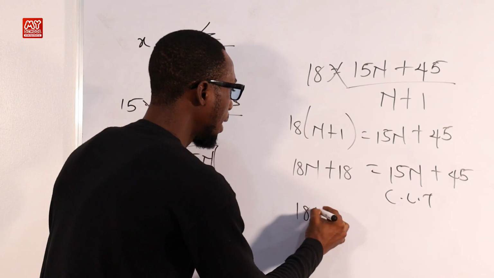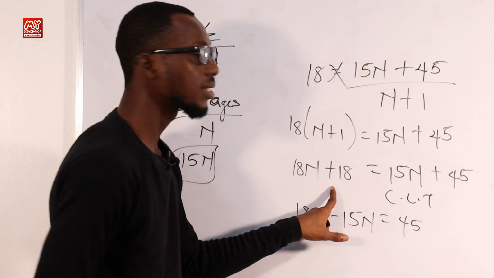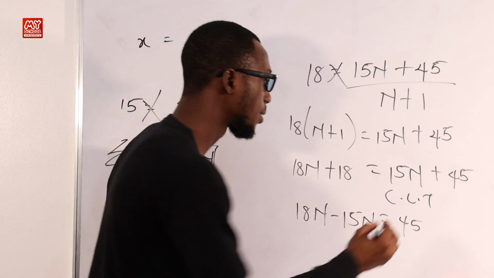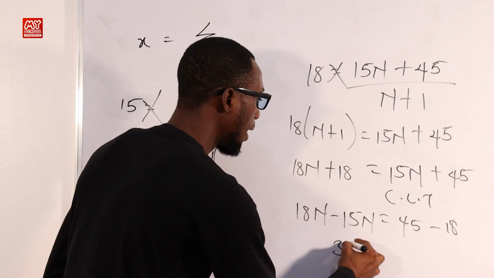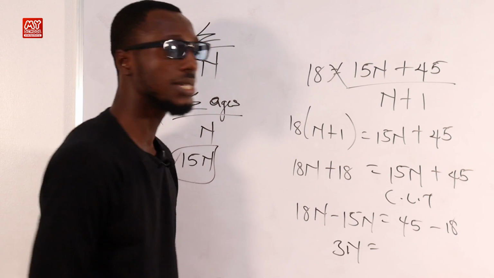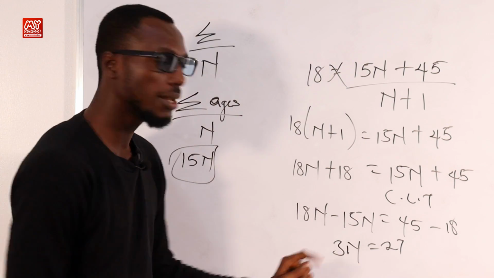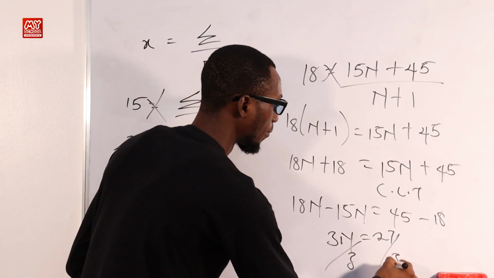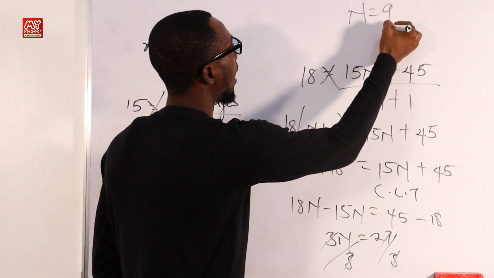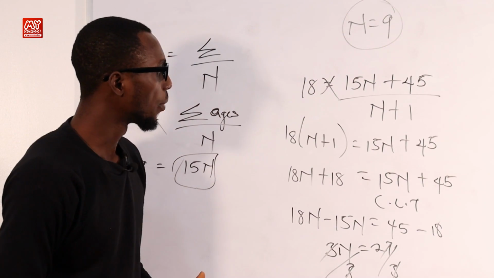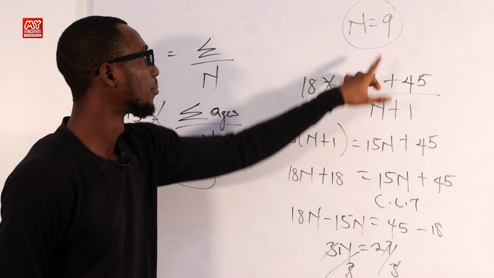So we have 18n minus 15n equals 45, plus 18 goes outside and it becomes minus 18. So 18n minus 15n, we have 3n equals 45 minus 18, that is 27. Dividing both sides by the coefficient of n, which is 3, we have our n as 9. So the number of students in the group is 9.